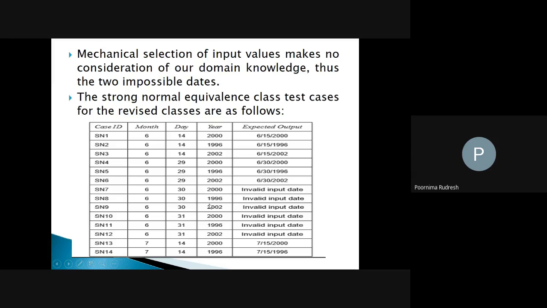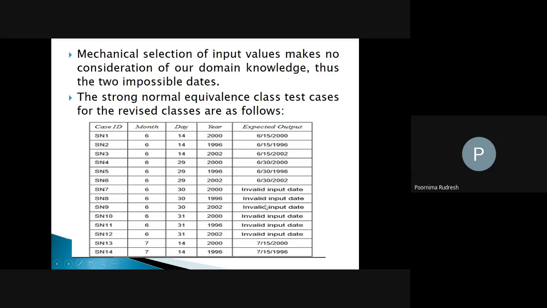It is the valid one, so it will display the next date. Similarly for these three also, for 2000, 1996 and 2002, June consists of 30 days, so it is a valid input date, not an invalid one.